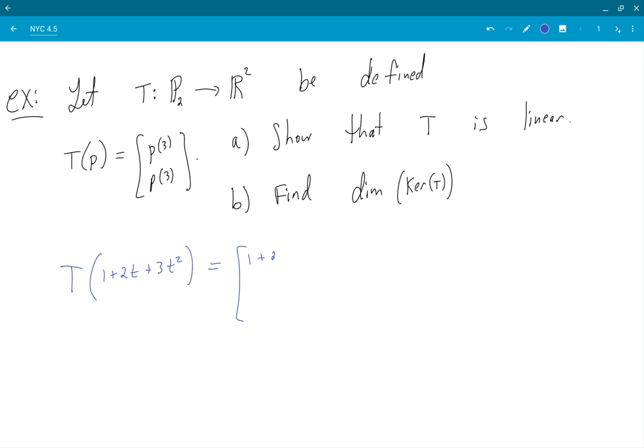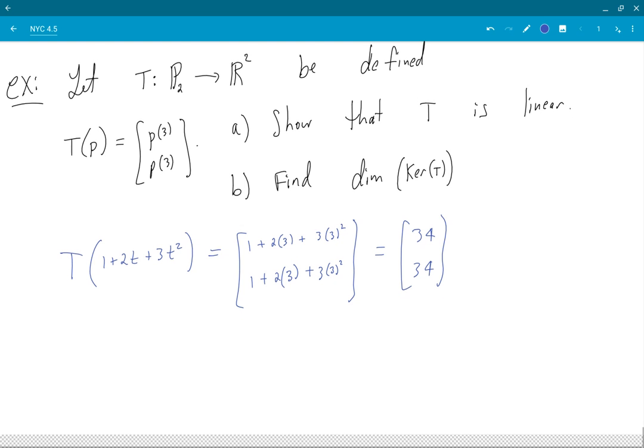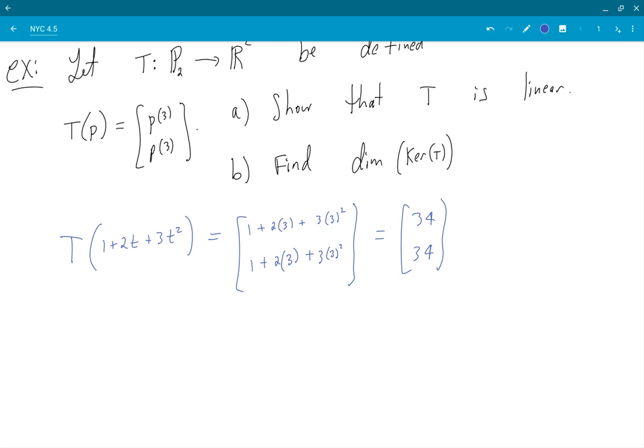So 1 plus 2 times 3 plus 3 times 3 squared, and below, the exact same thing for both entries, which is 34, 27, 34, 34. Okay, that is what my transformation does.